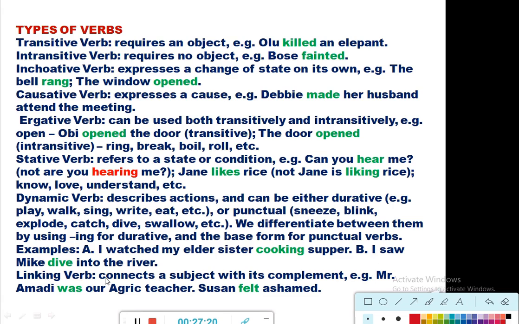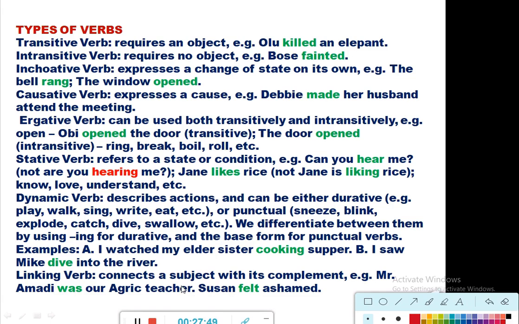Then linking verb. A linking verb connects a subject with its complement. E.g., Mr. Amadi was our agric teacher. So was is a linking verb, and it might interest you to know all the forms of the verb to be are linking verbs. Susan felt ashamed. Again here, felt is a linking verb.